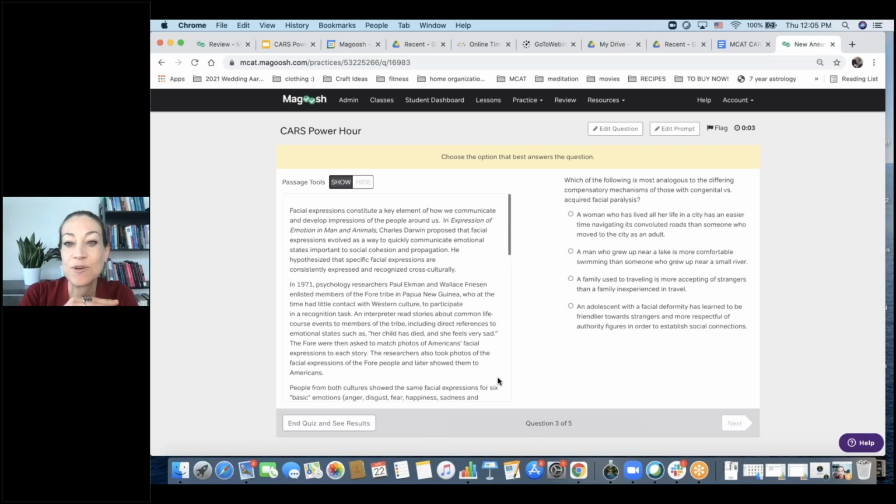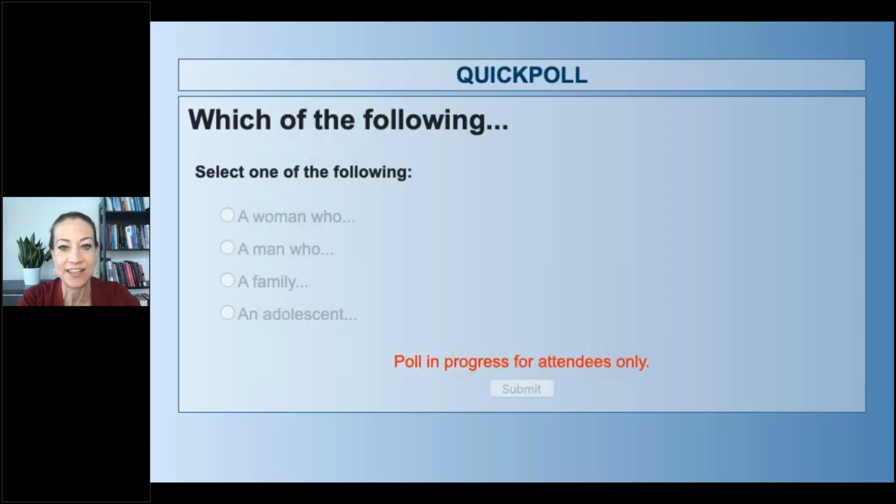Third question: which of the following is most analogous to the differing compensatory mechanisms of those with congenital versus acquired facial paralysis? Okay, and so this is definitely a reasoning beyond the text question. Is it A, a woman who has lived all her life in a city has an easier time navigating its convoluted roads than someone who has moved to the city as an adult?